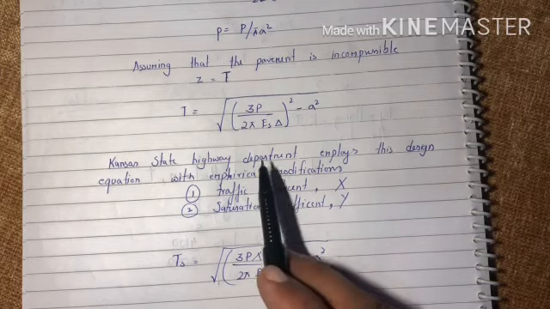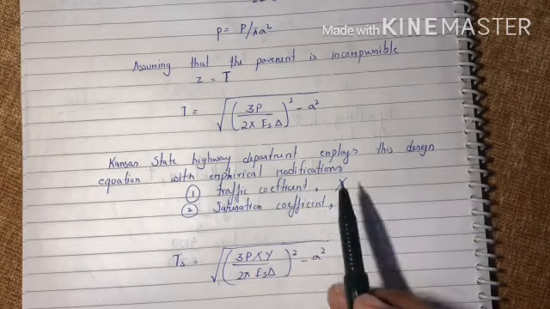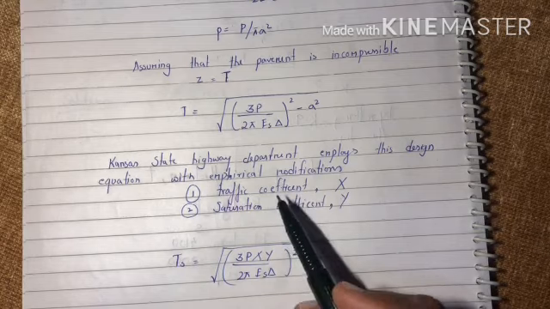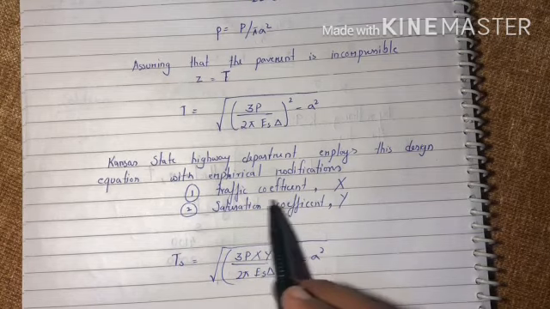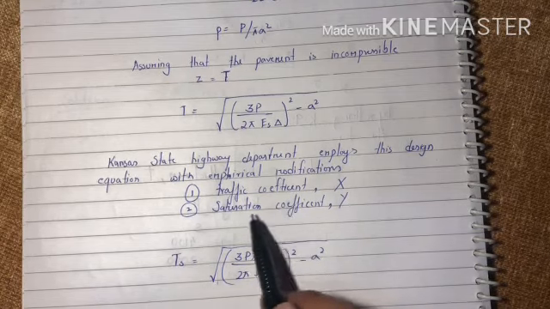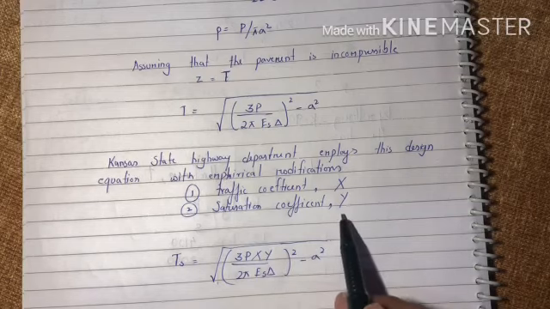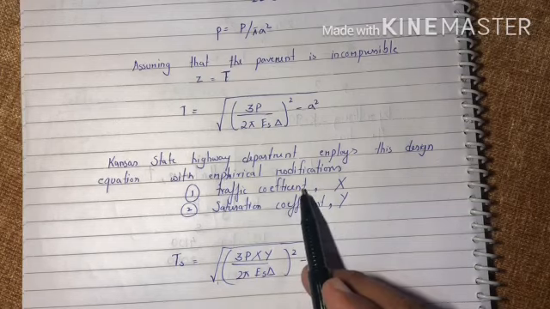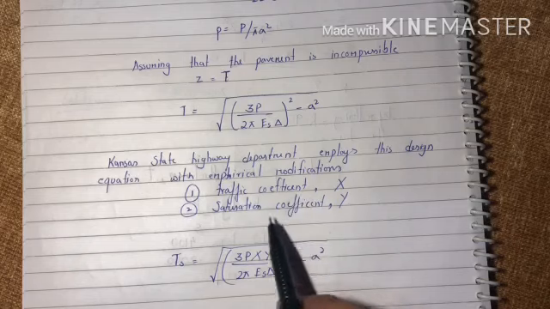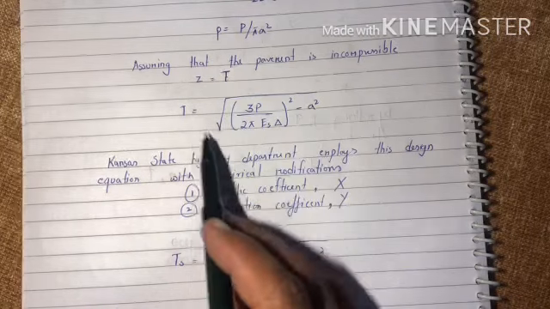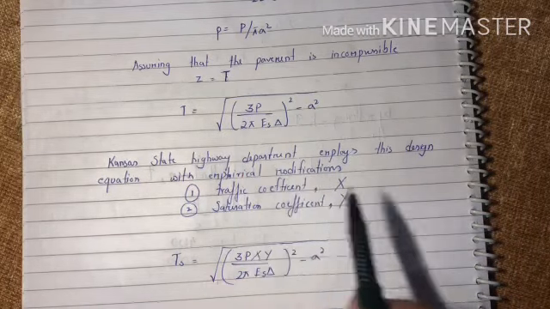What were those modifications? Coefficients were taken into consideration, like the traffic coefficient X and the saturation coefficient Y. So the traffic parameter and the saturation or rainfall parameter were taken into consideration, and there was a modification in this equation.